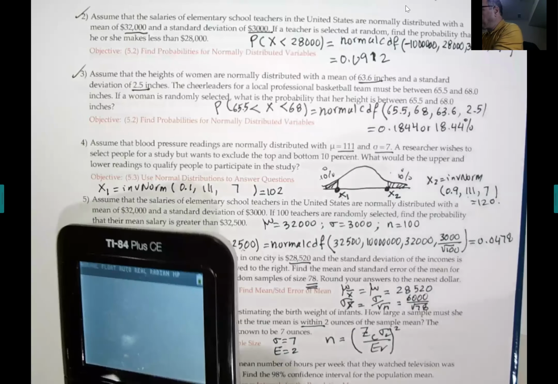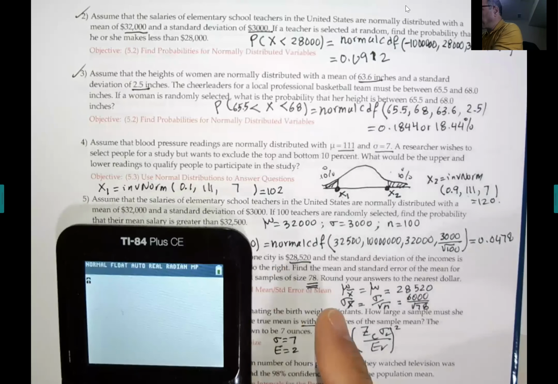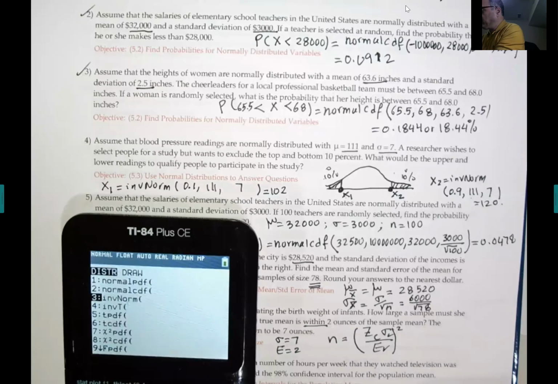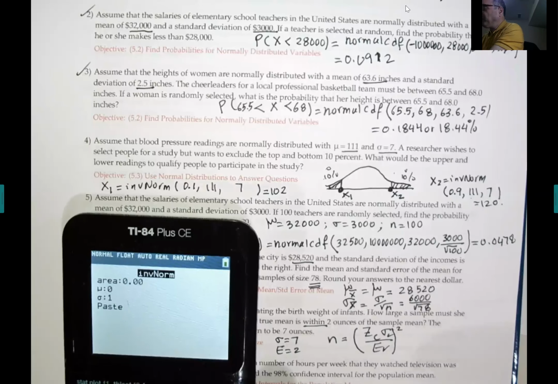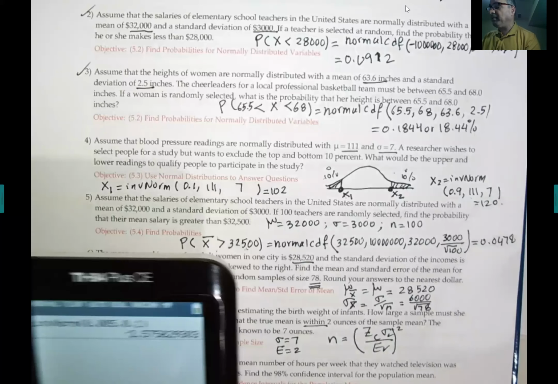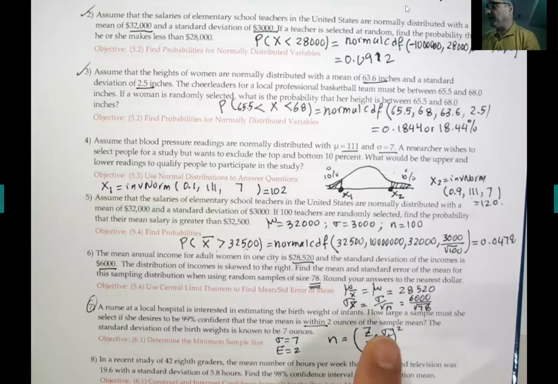You go to second, distribution, inverse norm, and enter 0.005, which is 0.5%, and leave this 0, 1 because we're working with Z here. Paste. You see, guys, you got the 2.575 that I told you about, but I got one negative and the other one is positive. We just use the positive one. It doesn't matter because we are squaring here. So whether you use a positive or negative, it doesn't matter.